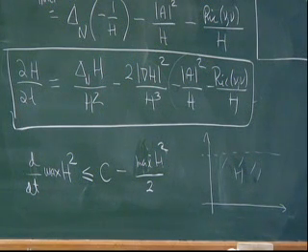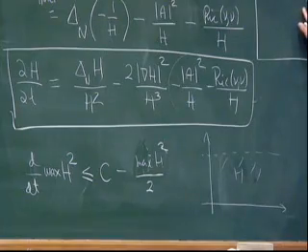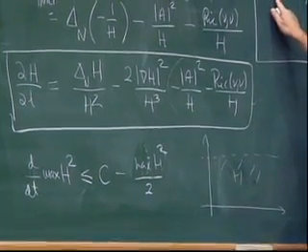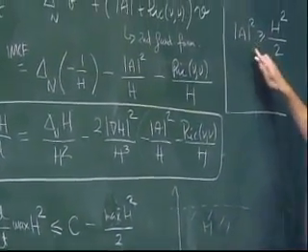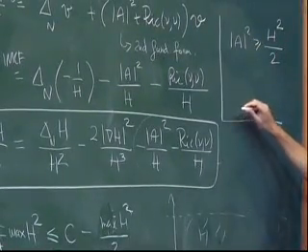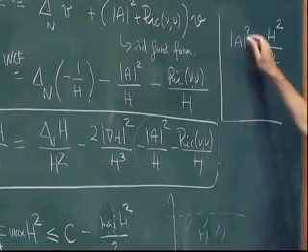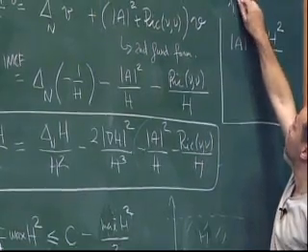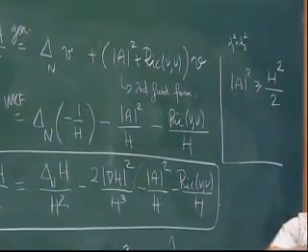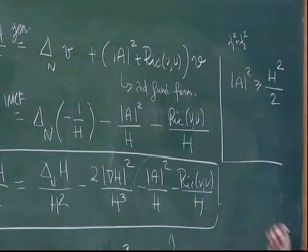Sorry? The other inequality, |A|² less than or equal to h squared? No, because |A|² here is, let's say, lambda 1 squared plus lambda 2 squared. That's my definition of |A|². Right?